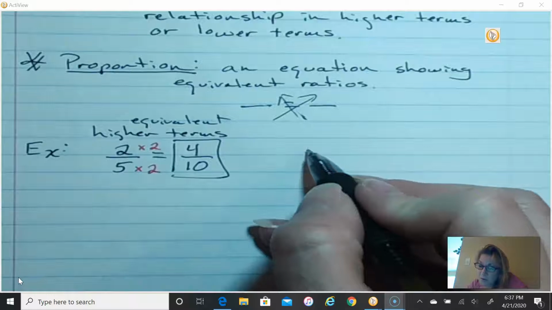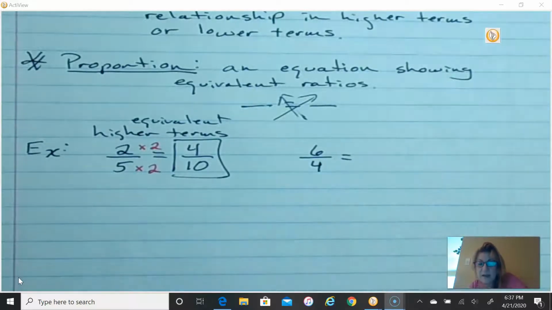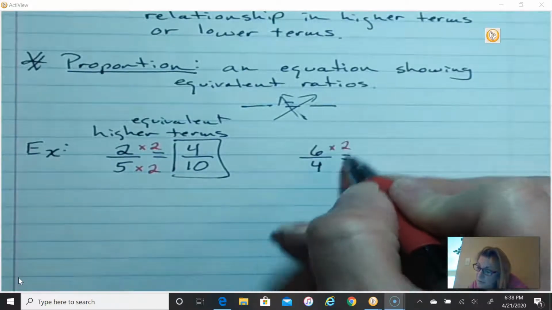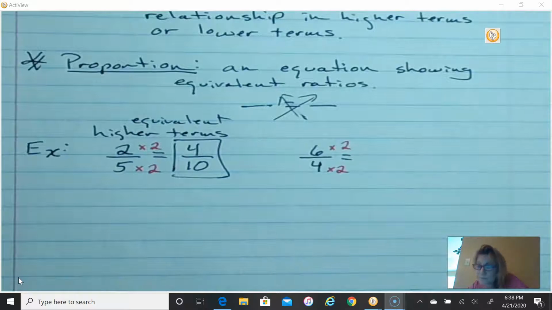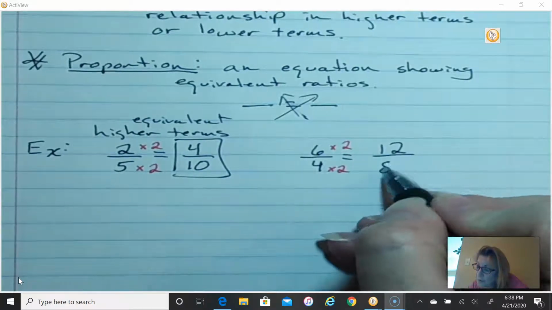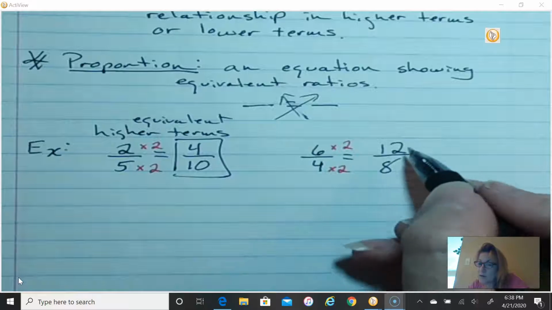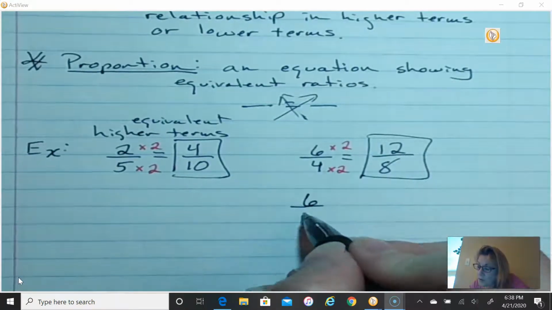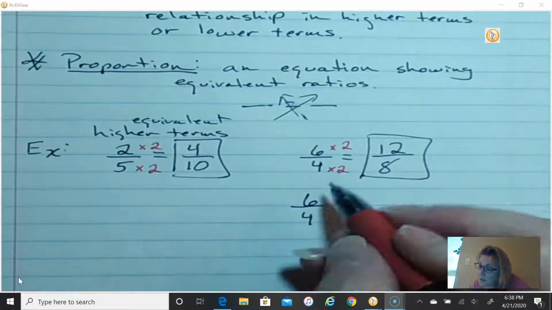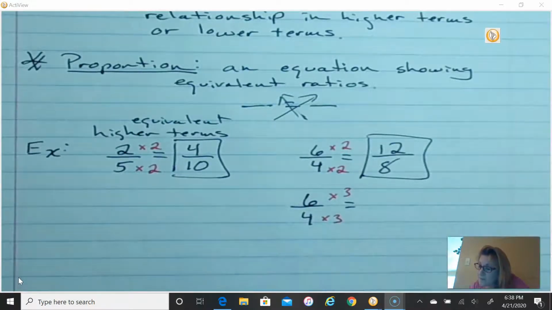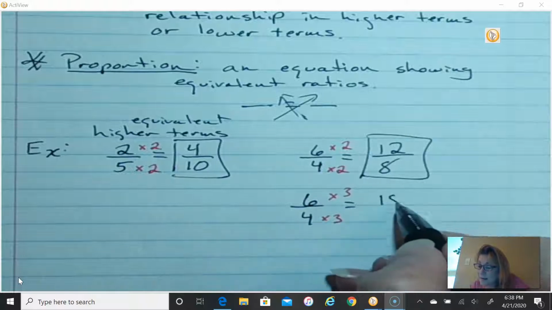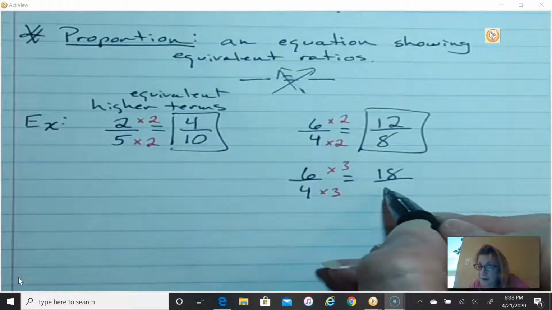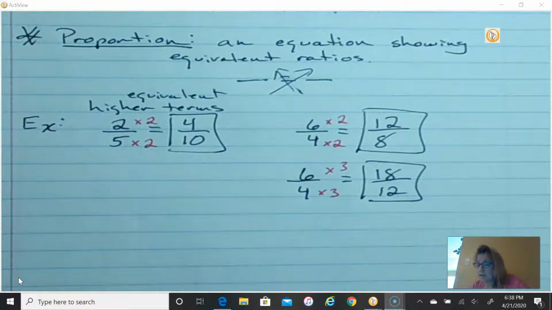Okay? Let's do 6/4. What would be an equivalent? You could do times 2, or you could even do times 3. Let's do 2 times 2 on both, top and bottom. 12/8. 12 to 8. Not 12/8, but 12 to 8. There's your answer. We could also do times 3. 6 times 3 is 18. 4 times 3 is 12. You could do that too.